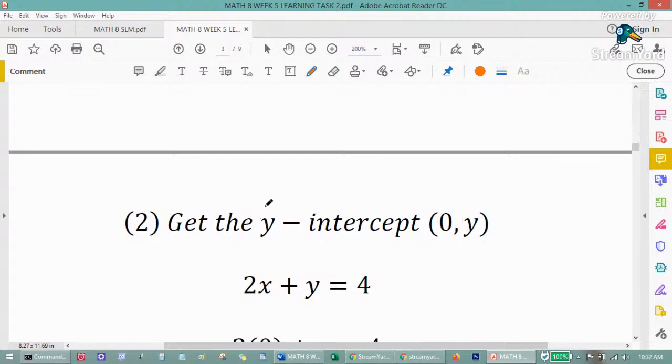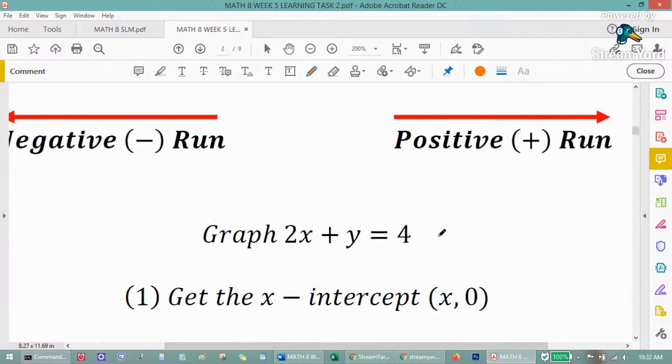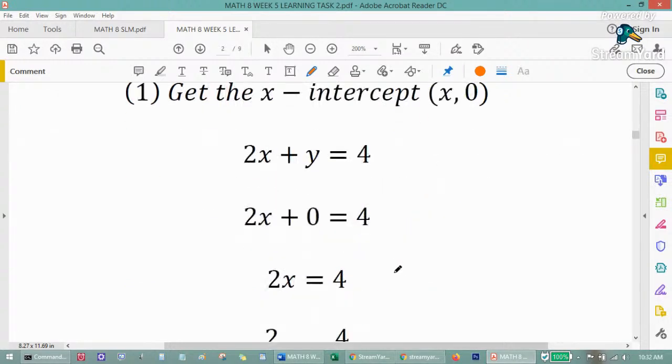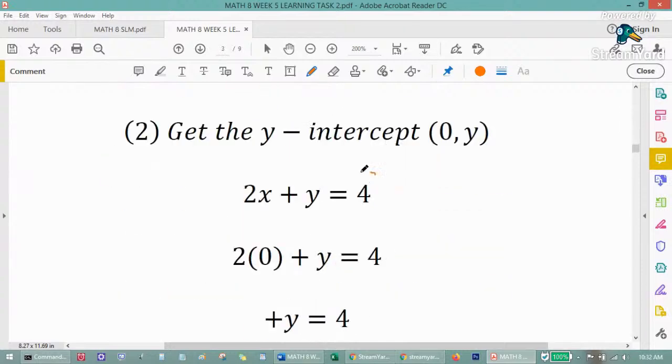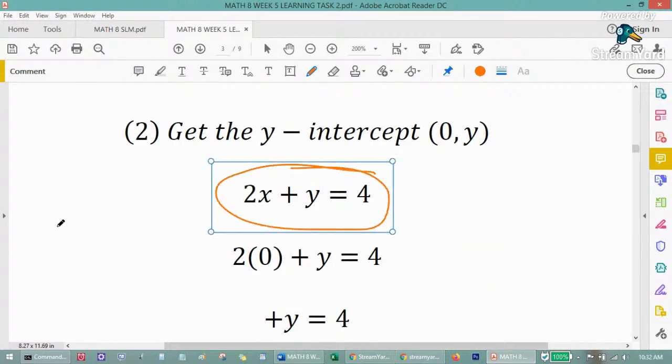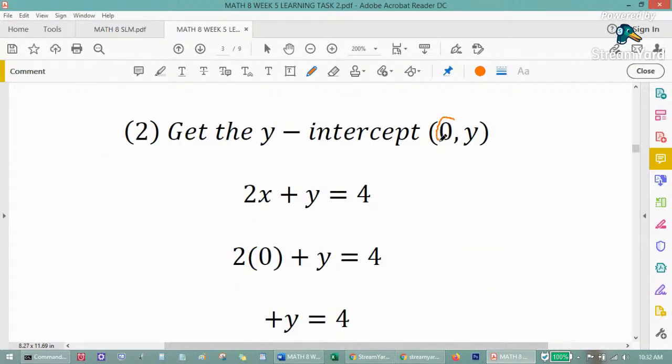So, paano natin pang y-intercept? Again, copyahin natin yung original equation. 2x plus y is equal to 4. And then, yung x gagawin natin 0. Itong x na to, lalagay tayo ng parenthesis.